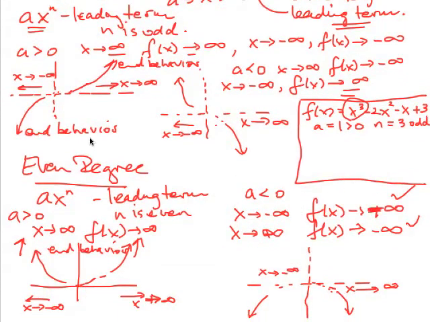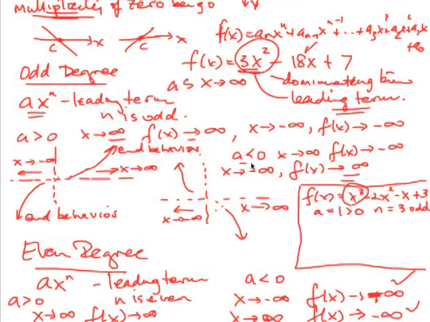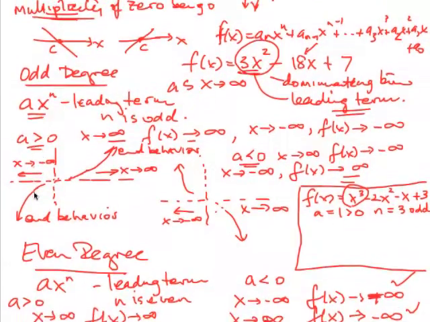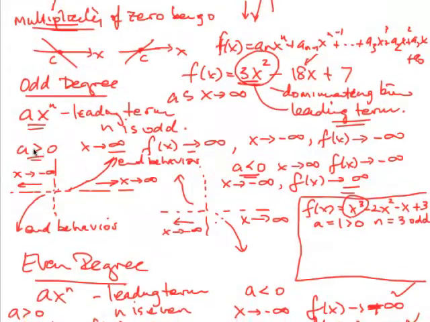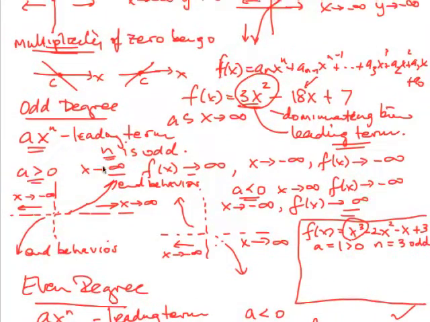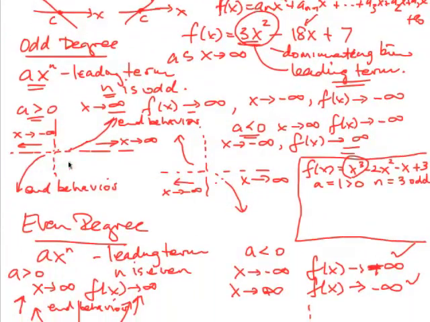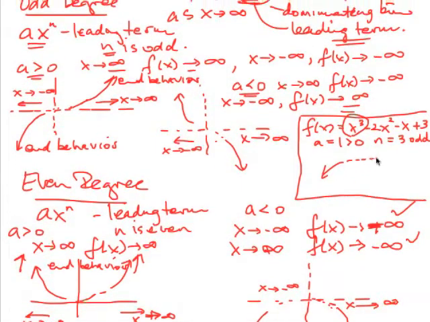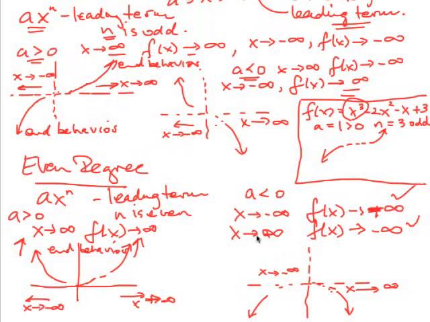And so when I look at this, I'm looking at this case up here. We have a greater than 0 and n is odd. So we have this case here. So what's our behavior going to be? Well, it's going to be like this and like this. And this is how we determine the end behavior.